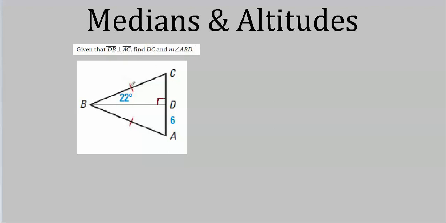Well, what we have here is an isosceles triangle. So it may not matter, but we do know right off the bat that these two angles are congruent. We also know that this is a perpendicular bisector for an isosceles triangle, which means it is also an angle bisector.